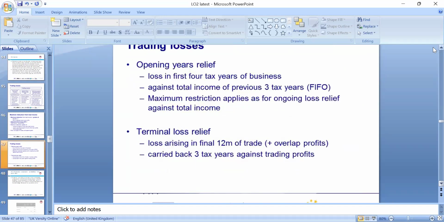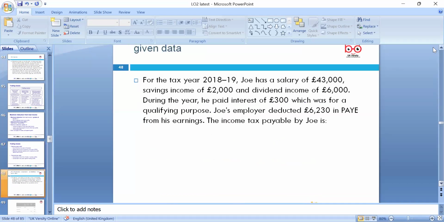Of course, again, the previous tax years, first in, first out method, like the losses of the first year first, and we can carry on the claim. Determine the loss relief arising from the trade and overlap, carried back 3 tax years, again the trading profit that can be looked at.